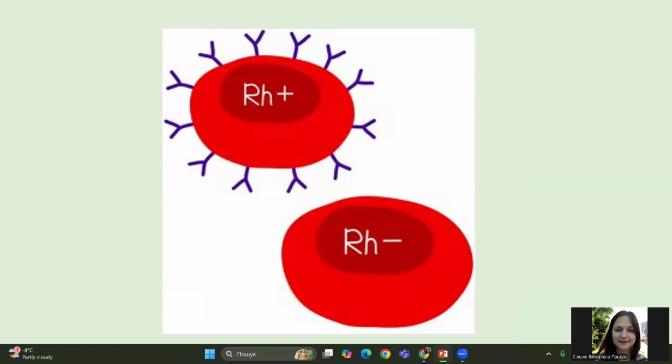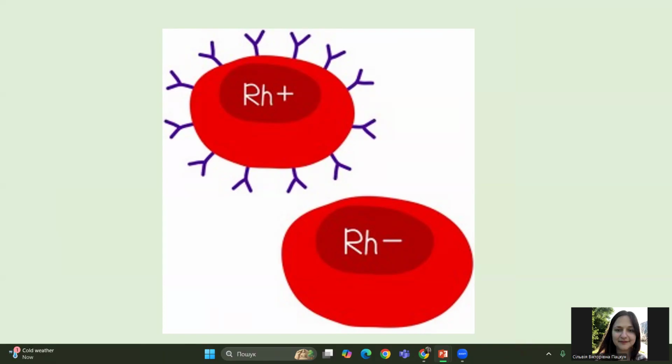The same with the Rh classification of the blood groups. So blood group can be Rh positive if the antigen is present on the erythrocyte cell, or Rh negative if it is not present.